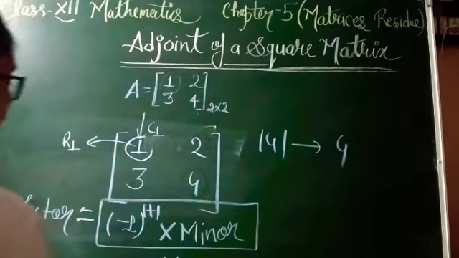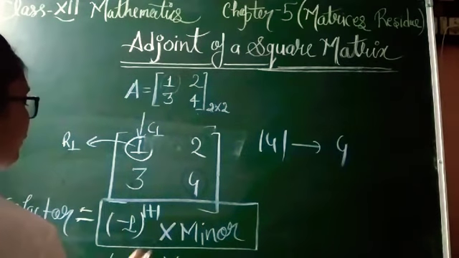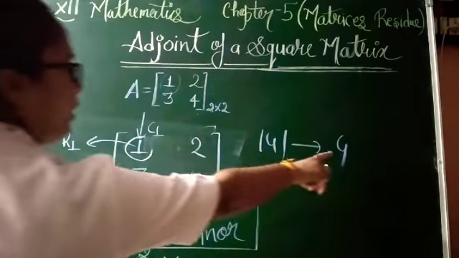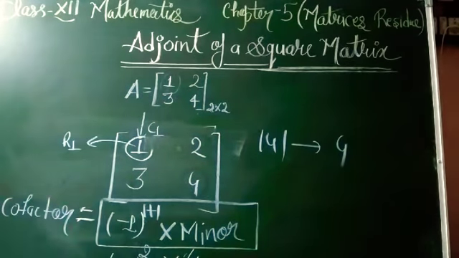So we write negative 1 raised to the power 1 plus 1, and the minor is 4. Negative 1 raised to 2 is positive 1.